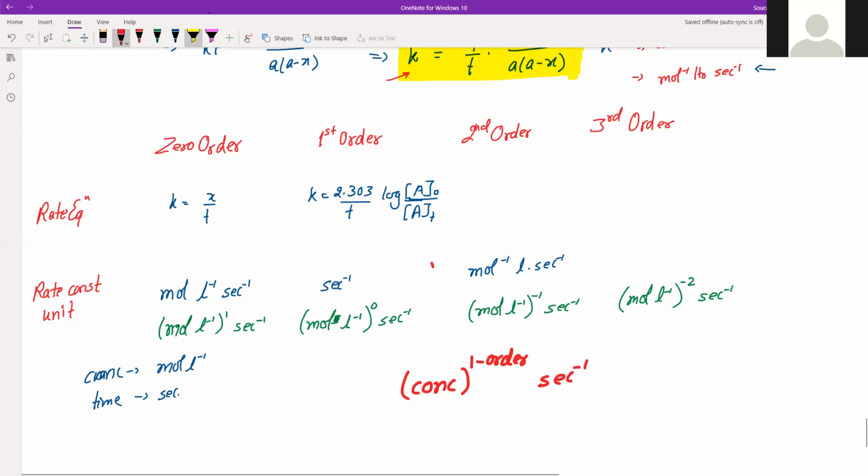So this is the common expression for the rate constant of any order of reaction: the concentration unit raised to power 1 minus order into per second.